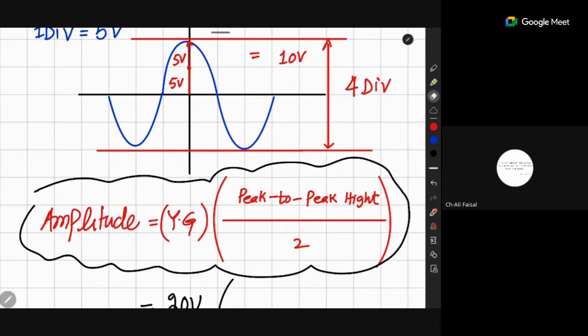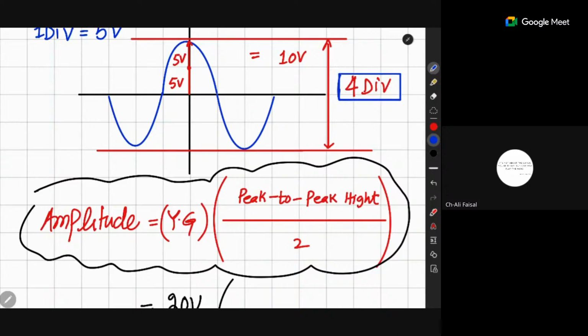The amplitude is equal to y gain setting into peak to peak height of the wave divided by 2. Peak to peak height means one peak is here, other peak is here. So this is the peak to peak height, and it is 4 divisions. Is it clear to everyone?